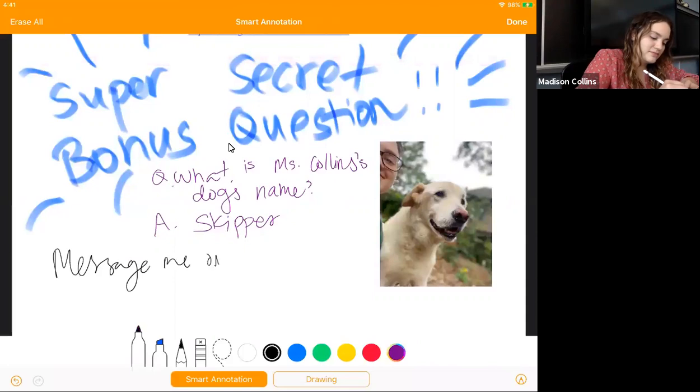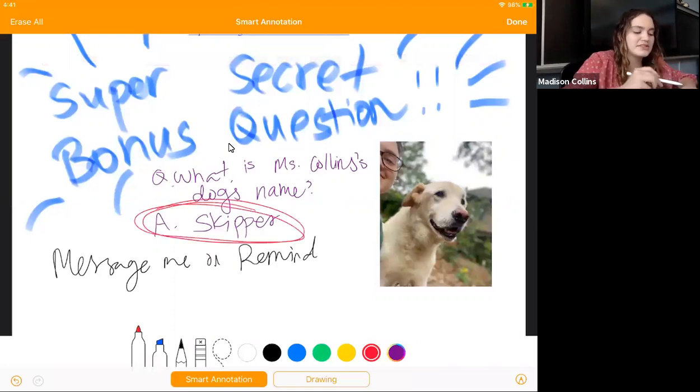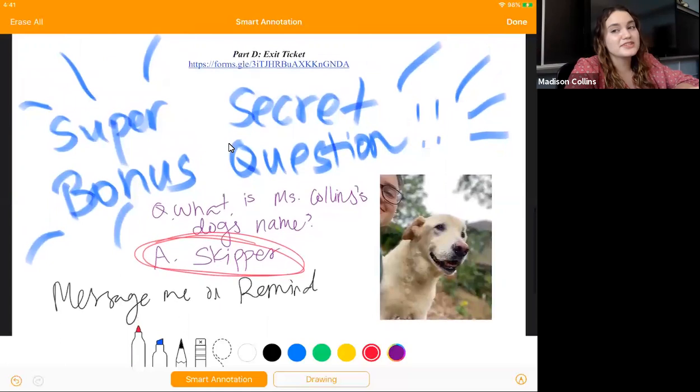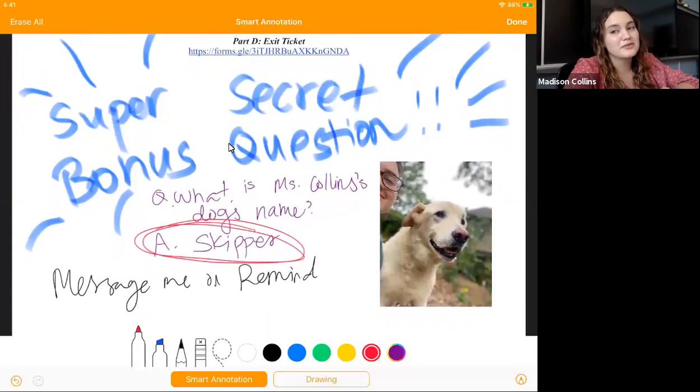And in that message, I want you to include the answer to this question. So all you have to do is send me a message on Remind that says Skipper. And if you send me that, I will add 1 bonus point to your exit ticket today. Okay, but as I said, this is a secret. So keep it super secret or we won't have these bonus questions anymore.